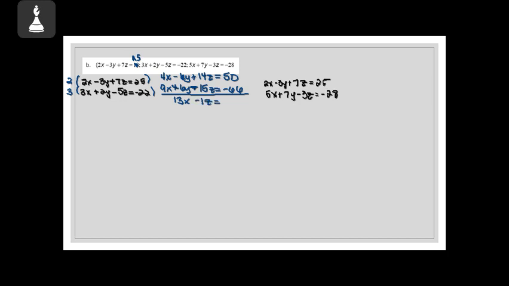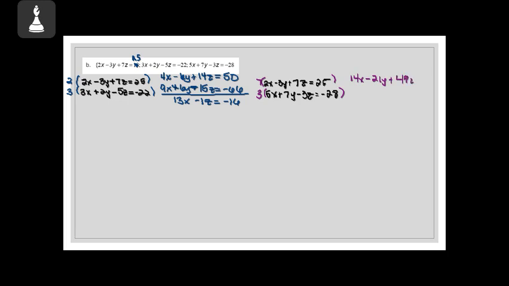All right, so working with the second pair here, we need to get rid of the y's. So the top one has a 3y, the bottom one has a 7y. So multiply the top by 7, the bottom by 3. We've got 14x minus 21y plus 49z equals 175.